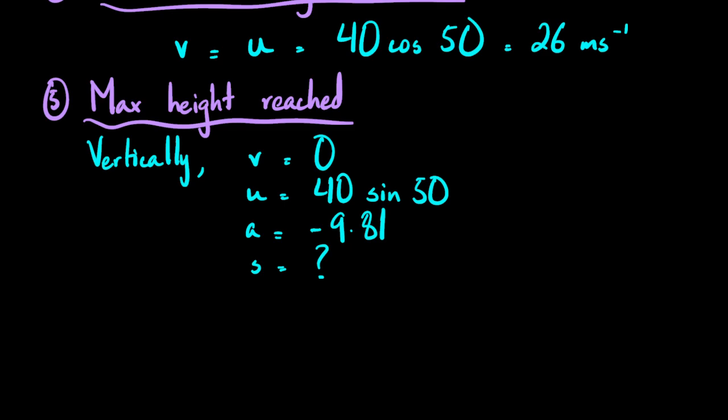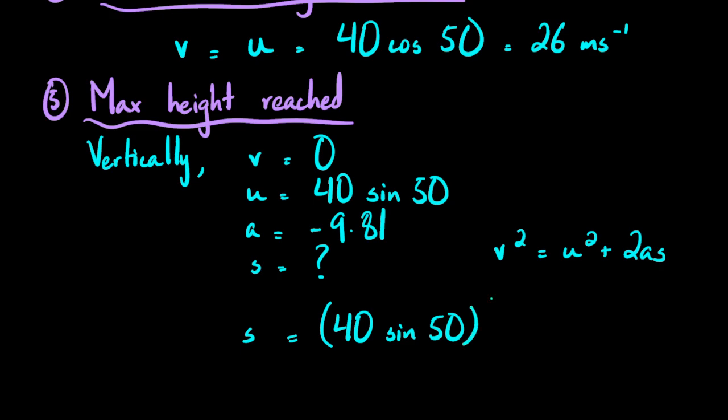So what equation of motion do we use? Which one involves v, u, a and s? So the simple answer is this one, v squared equals u squared plus 2as, right? V is 0, this is u squared, this is 2as. So s would be simply this: 40 sine 50, whatever this is, squared, divided by 2 times 9.81.